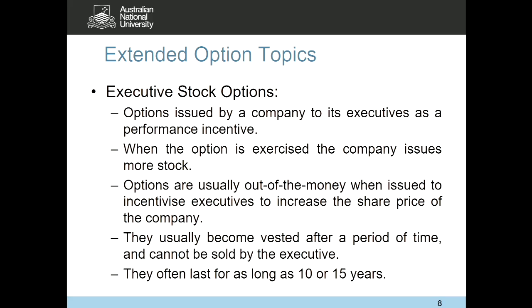So in order to incentivize your executives, you can give them options. Sorry, you can give them shares. Let's start with the shares. You can give them shares. Now they become the share owner of the company, right? The executive now becomes the shareholder of the company, and they also have an incentive to maximize the share price.